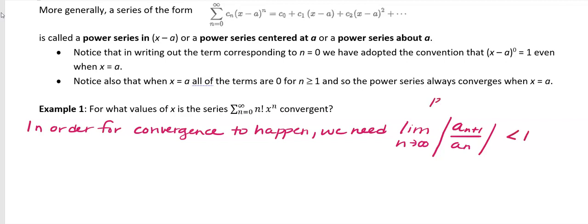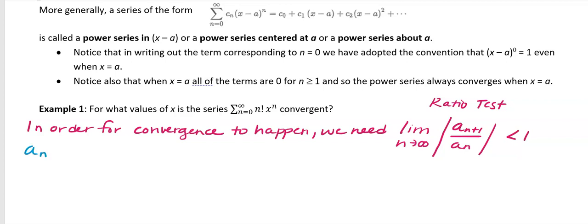And again, that's coming from our ratio test. So if we can get this to be true, then we can help determine for what values of x we would have convergence.